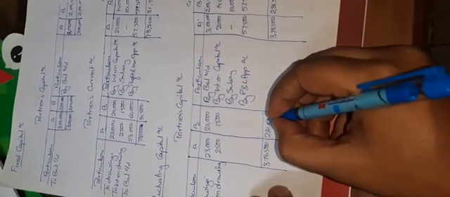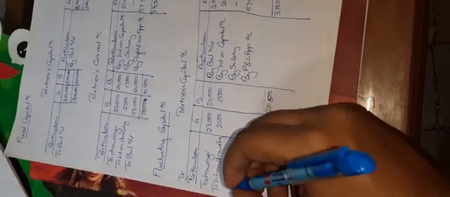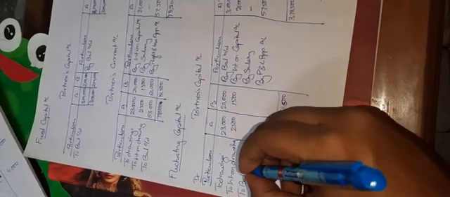After subtracting the debit balance, it will give the balance carried down. So A has a balance of rupees 3,53,000 and B has a balance of rupees 2,60,000. This will be the required answer. Thank you.